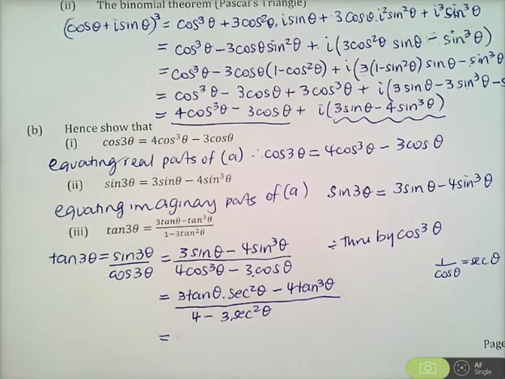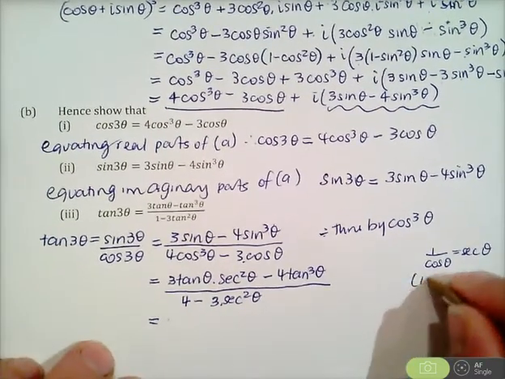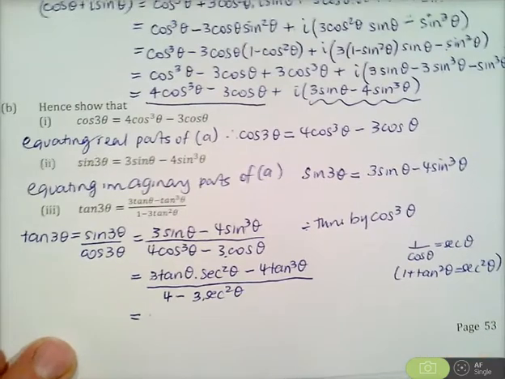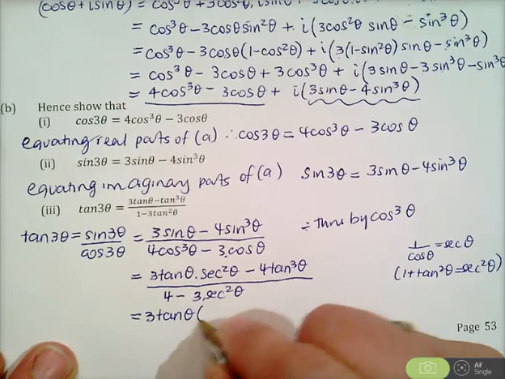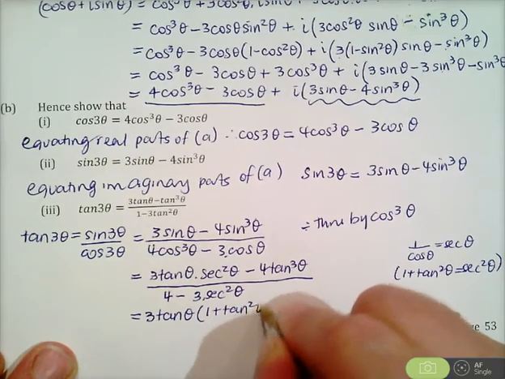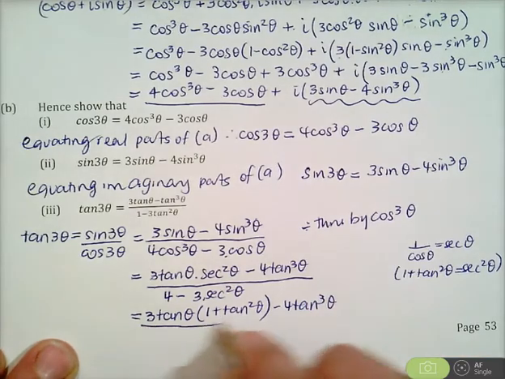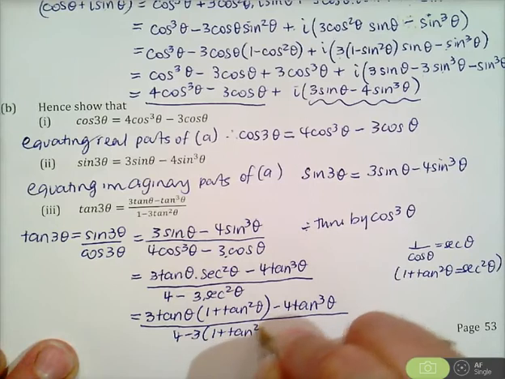Now, we also know that from our 2-unit results that 1 plus tan squared theta is equal to sec squared theta. So making that replacement for sec squared theta, we get that tan theta times 1 plus tan squared theta minus 4 tan cubed theta over 4 minus 3 times 1 plus tan squared theta.